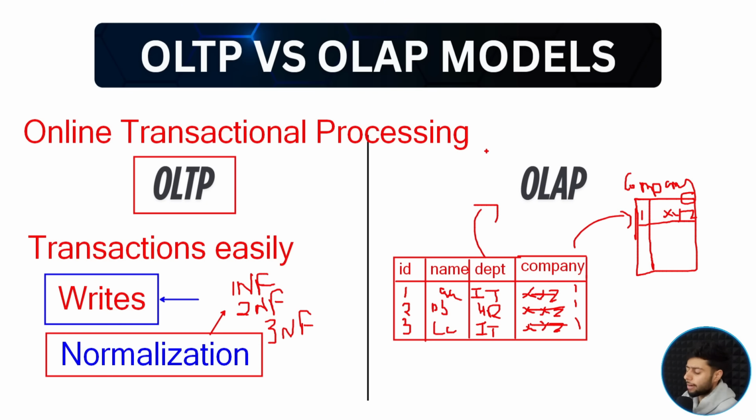They normalize the data as much as they can. They do not like keeping redundant data, so they replace it with a totally different table and assign a key for it. This behaves like a foreign key here, and that will be the primary key. This is the kind of normalization, or data modeling, that OLTP data models create. But do you know what?